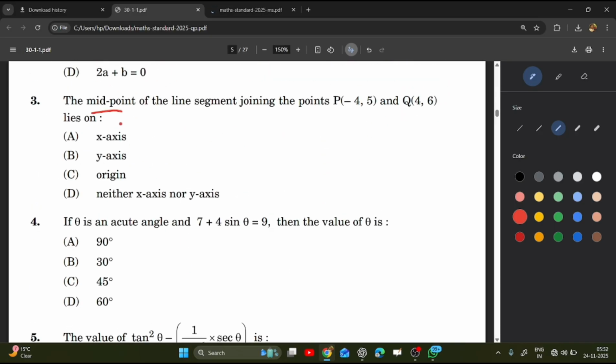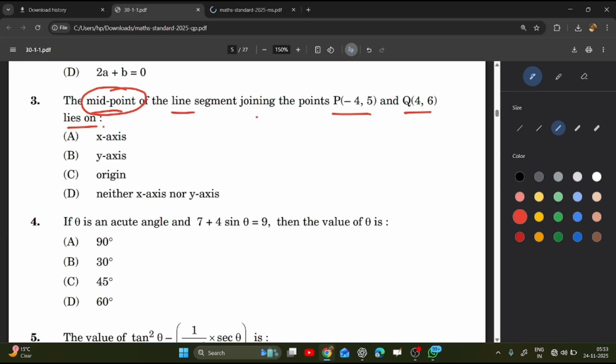The midpoint of the line segment joining the points P and Q lies on. Let's understand this sentence very carefully.